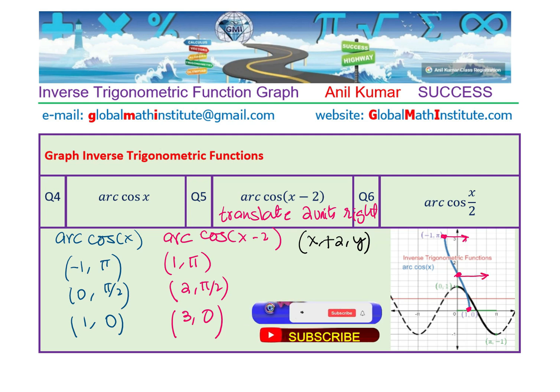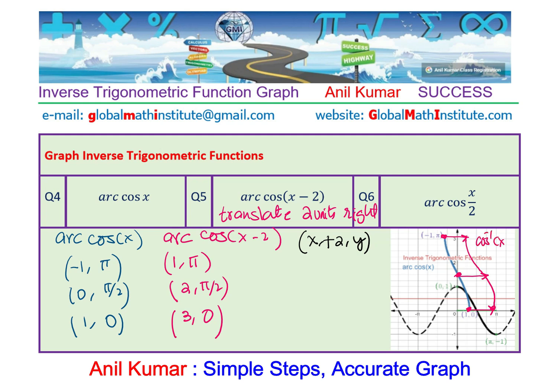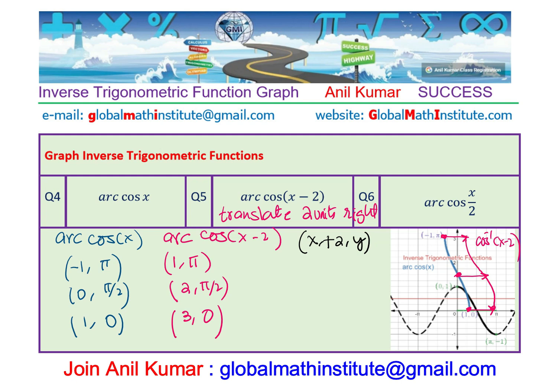The third one goes to 3, slightly less than pi. And connecting them, we have our graph. Is that clear? So that is how we are going to sketch the graph of cos inverse x minus 2. Make sense? Easy?